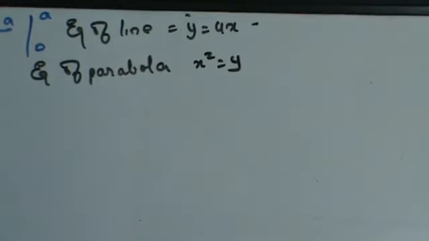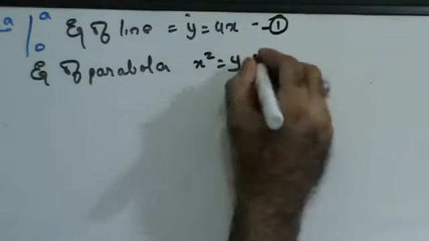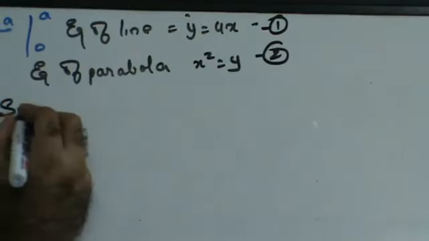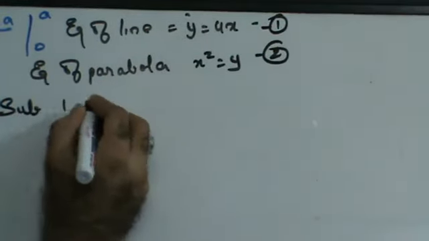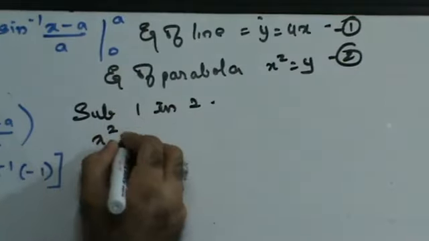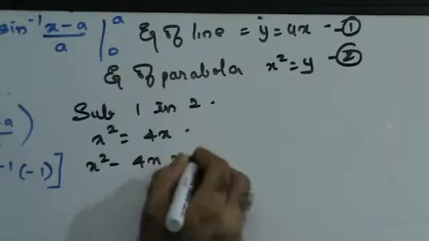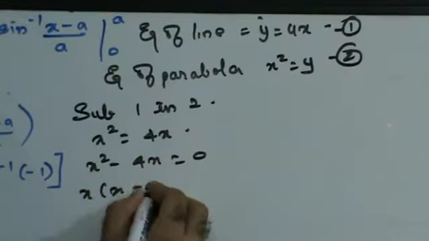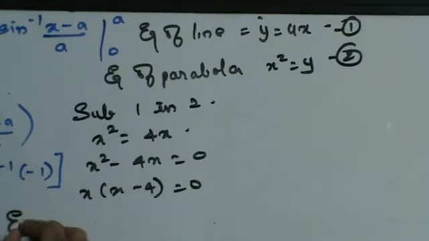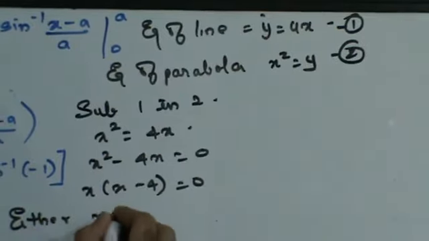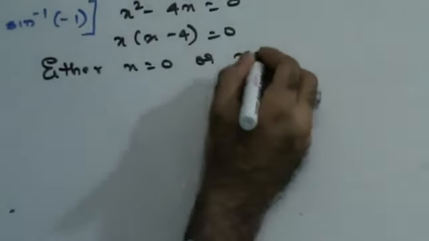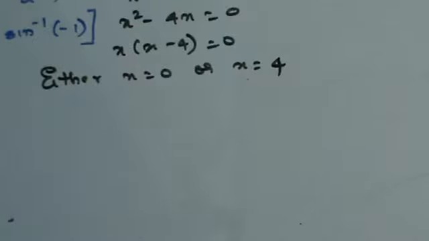So in that case I can substitute the value of y. I can substitute y from equation 1 in equation 2. This is equation 1, equation 2. Substitute 1 in 2. So I'll get x square is equal to 4x. X square minus 4x is 0. x into x minus 4 is 0. Either x is equal to 0 or x is equal to 4. Right?